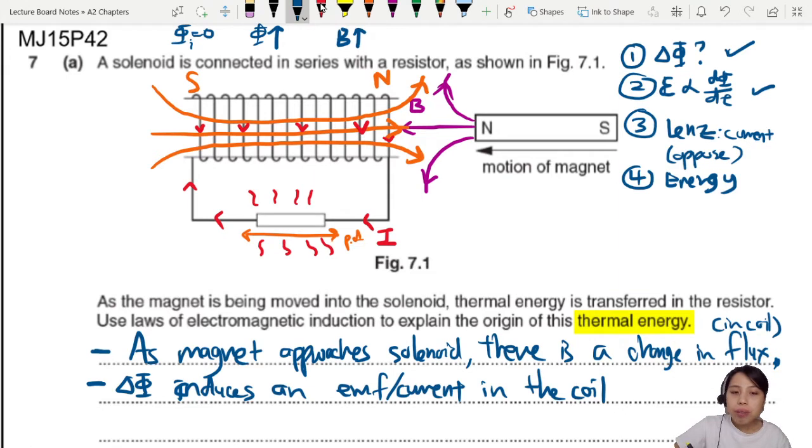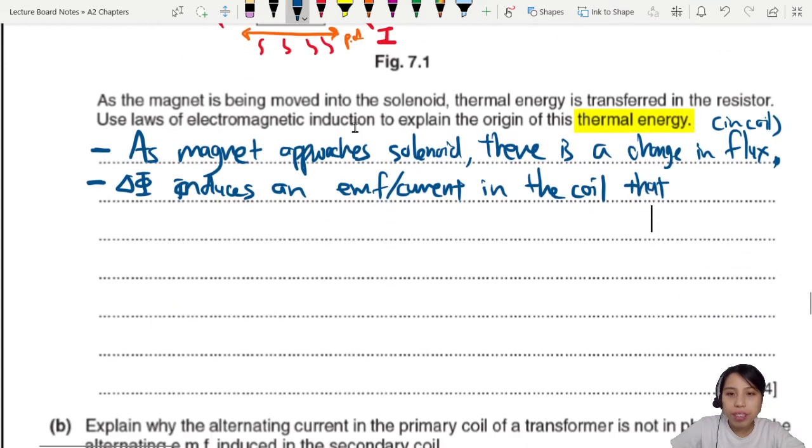All right. So the changing flux induces an EMF or current in the coil. I finished writing. Current in the coil that opposes. So we're going to talk about Lenz's law. So current in the coil, let me move this up so my head doesn't block it, generates a field of flux that opposes the magnet's motion.